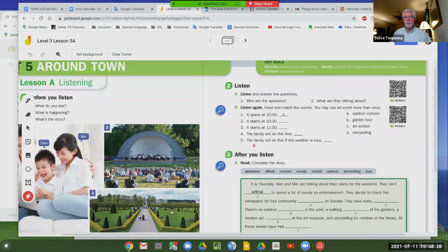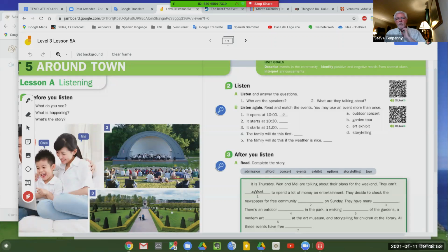Number three, what starts at 11 o'clock? Is the garden tour? That's correct. The garden tour starts at 11. So that's picture number three on the other page. So they're going to walk around the gardens.